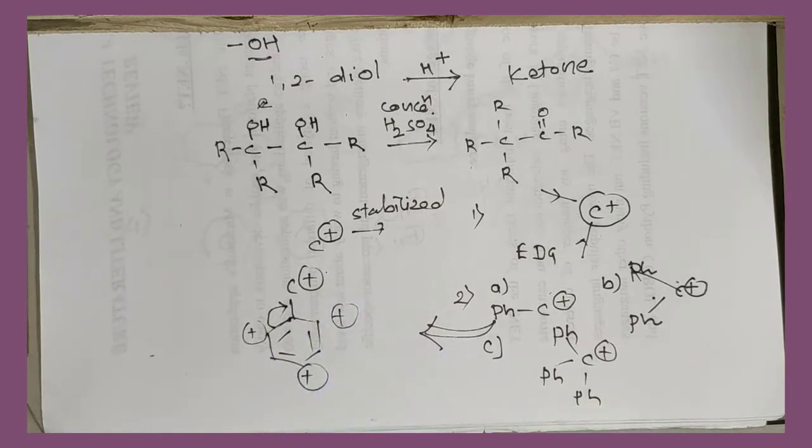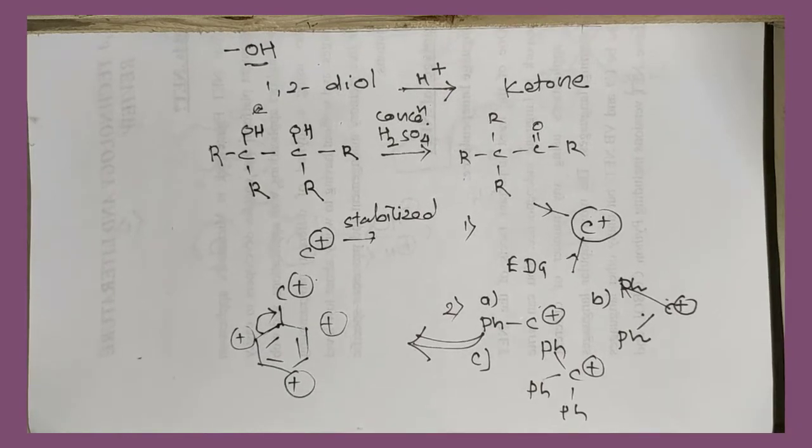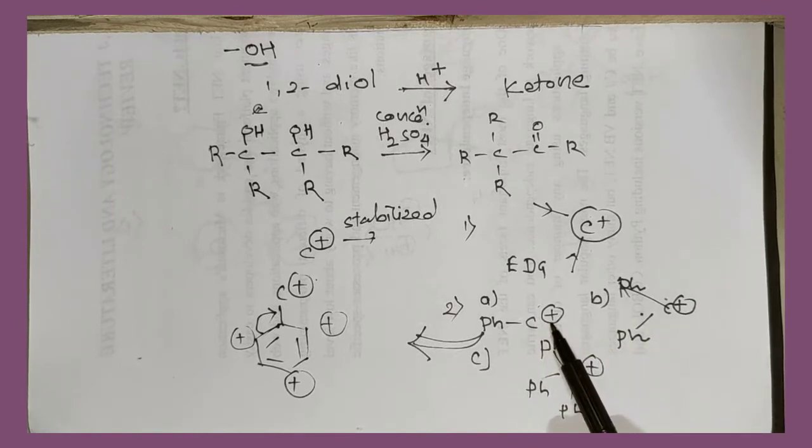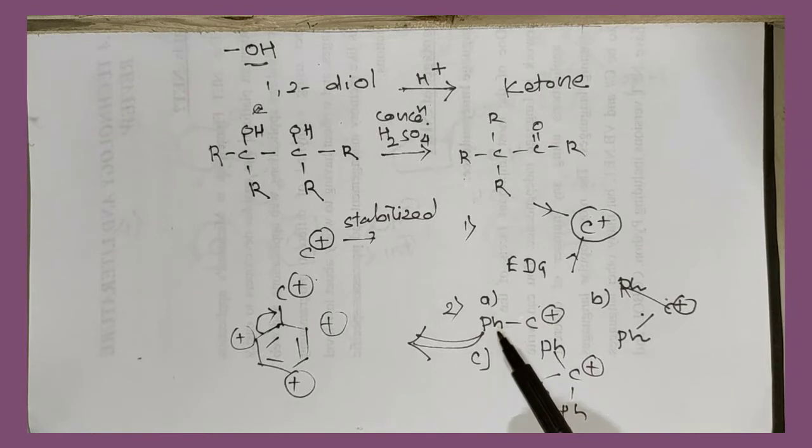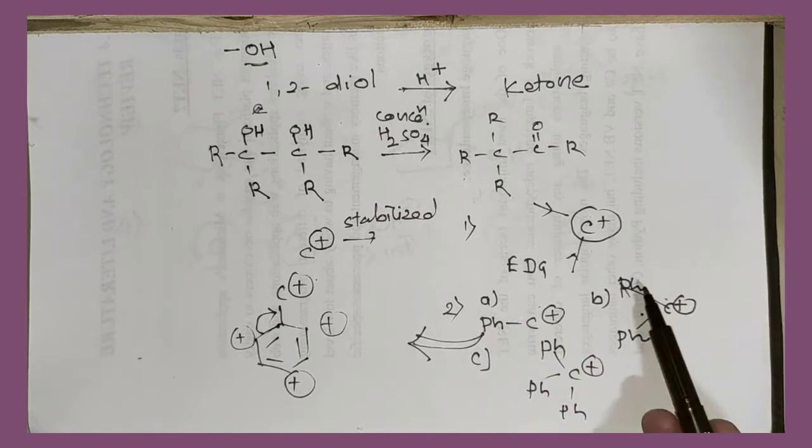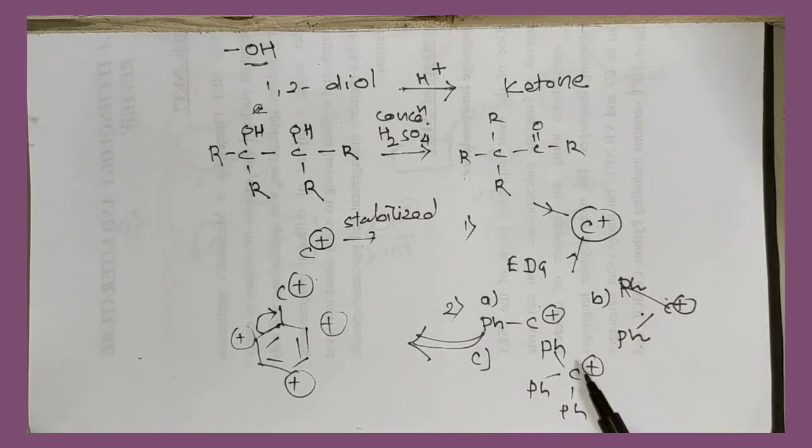Clear? Now, as we know, by increasing the number of resonance structures, the stability of the molecule also increases. So here one carbocation is in resonance with one phenyl ring, here with two phenyl rings, and here with three phenyl rings.